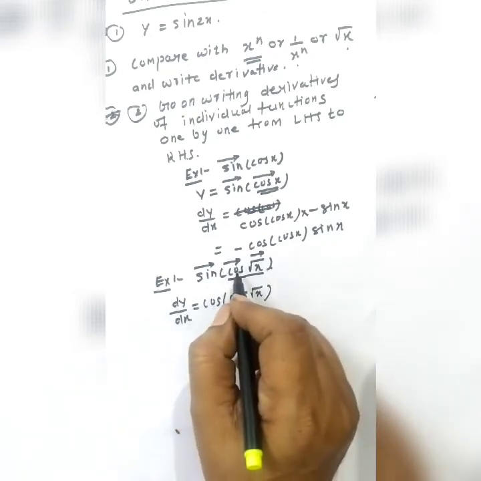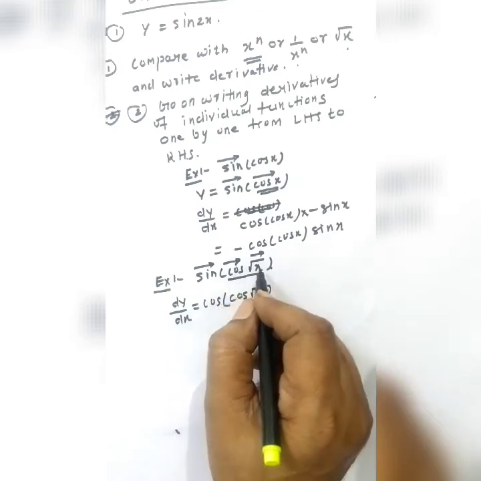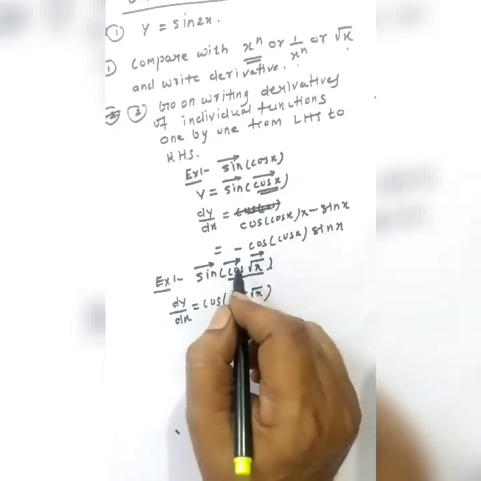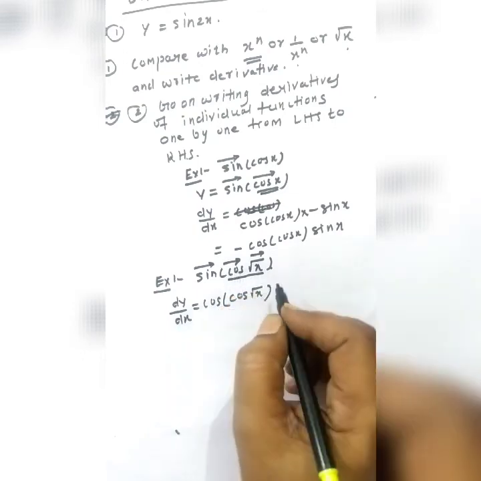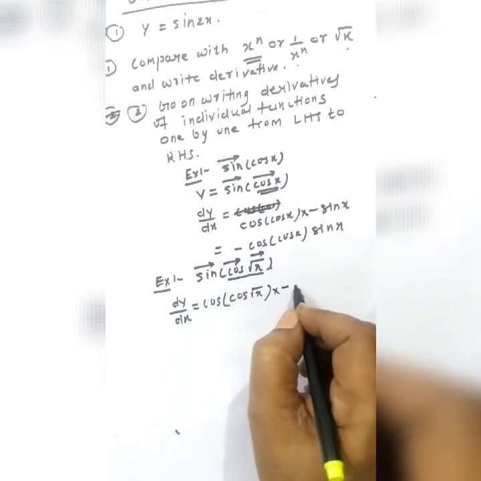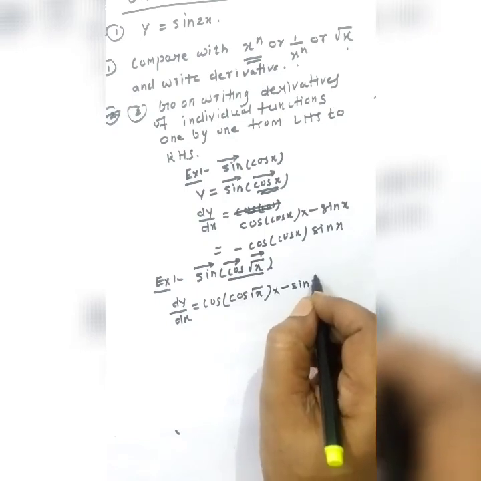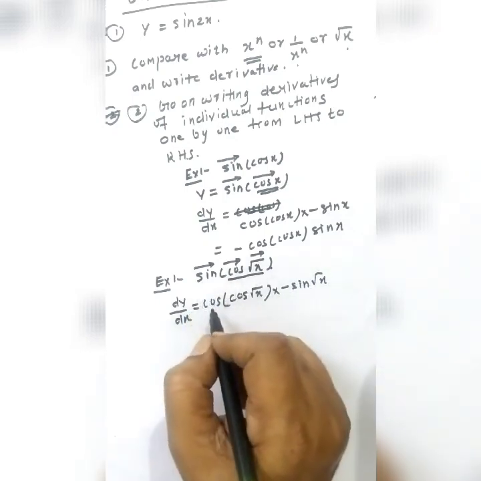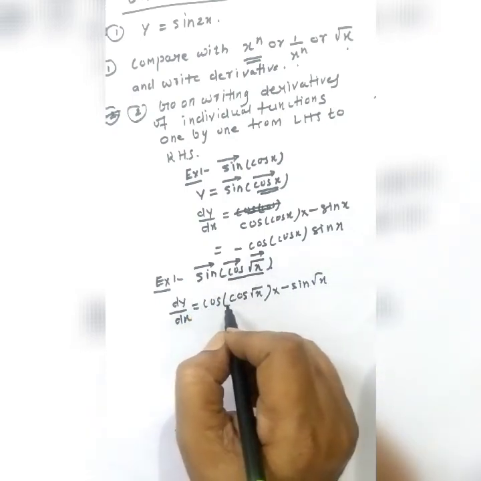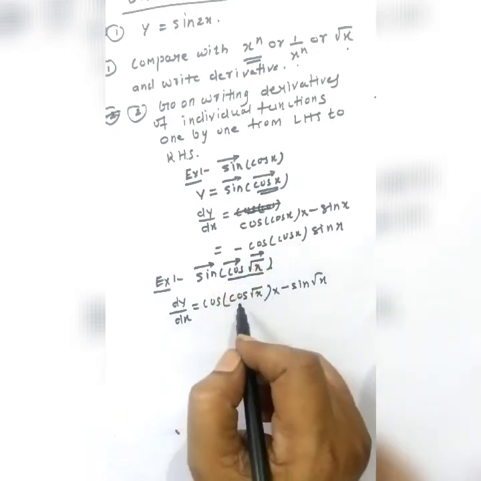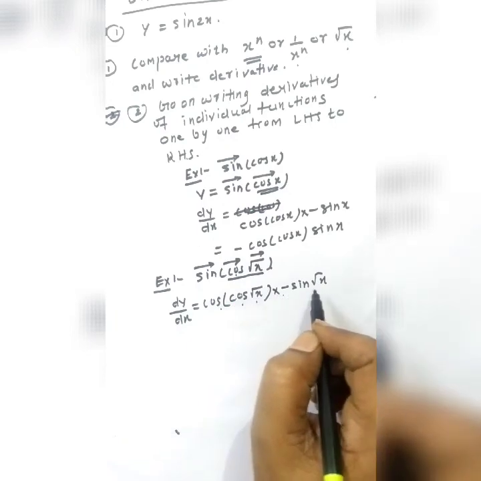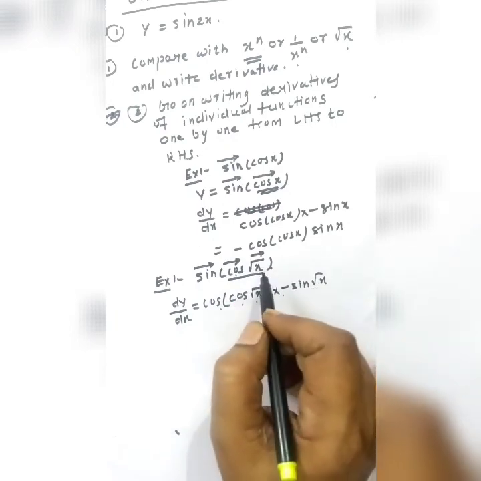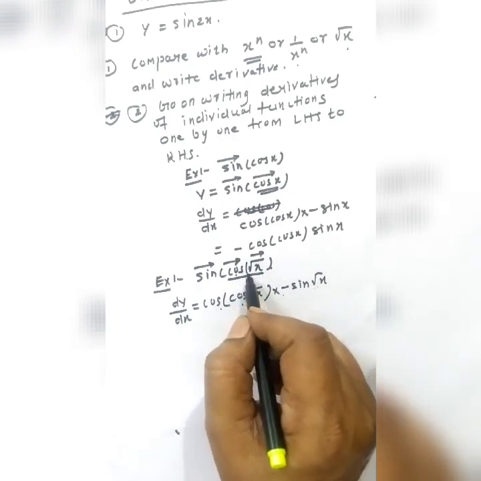Next we come to the second function. What is your second function? Cos. When you consider the second function, this root x you have to consider as x only, orally. So the derivative of cos is minus sin. So write into minus sin of root x. First function is sin, derivative of sin is cos, this whole thing as x, so it is cos of cos root x. Next function is cos, so into again minus sin of root x. Your third function is root x now.